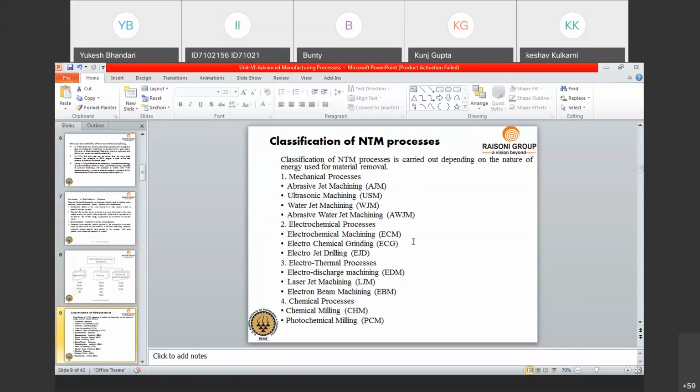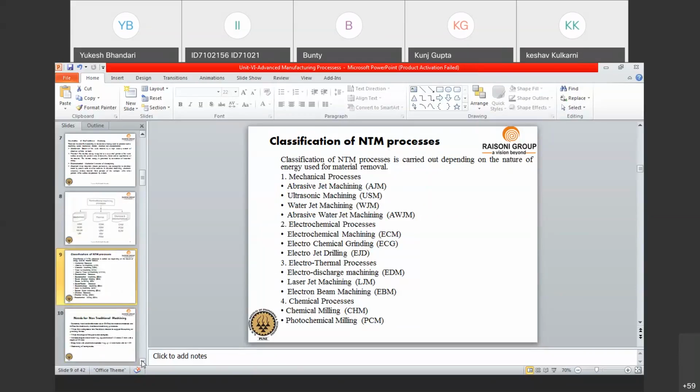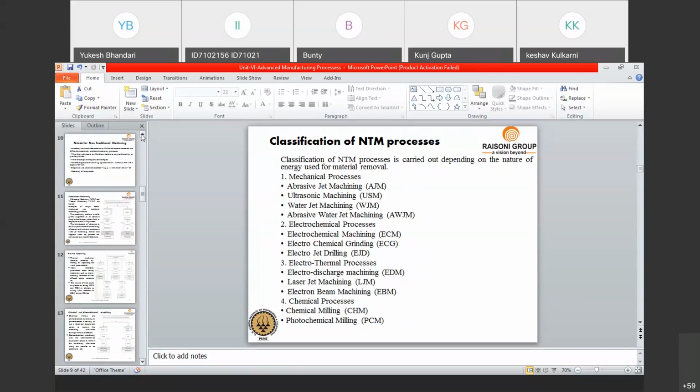Then, so this is done with your classification of NTM processes. Now we have seen what NTM processes are, how they are different from conventional machining processes, and also what energy sources are used, or how we classify NTM processes.